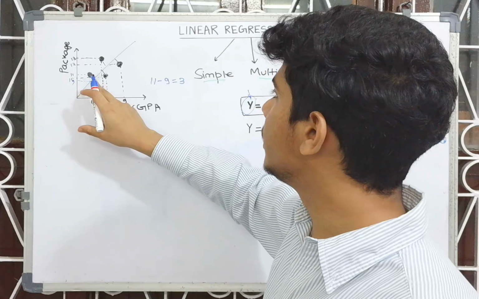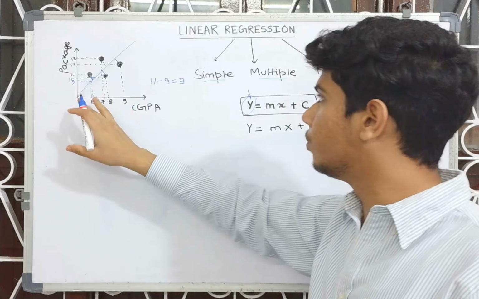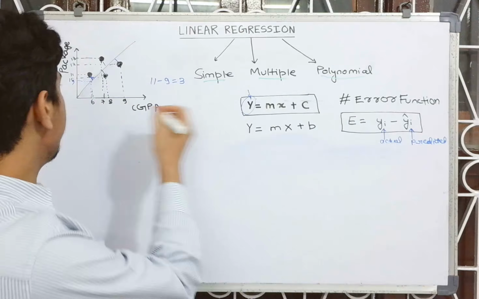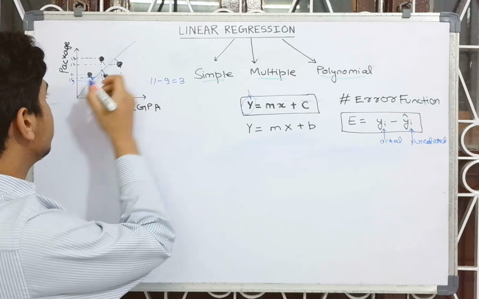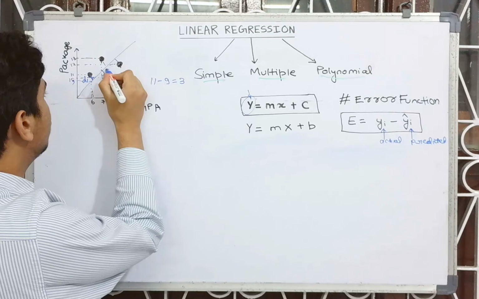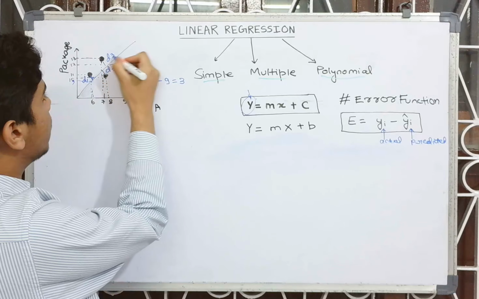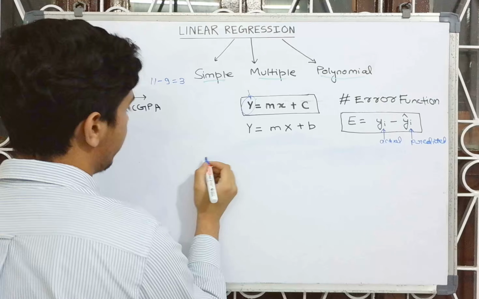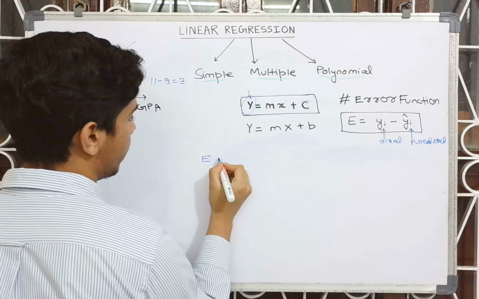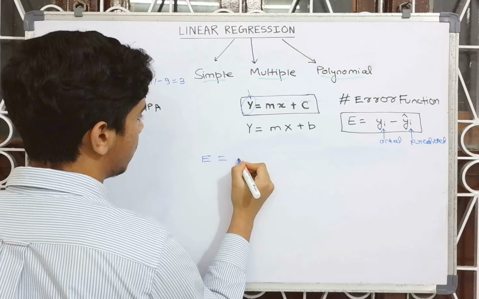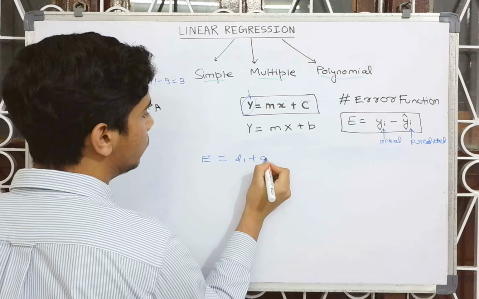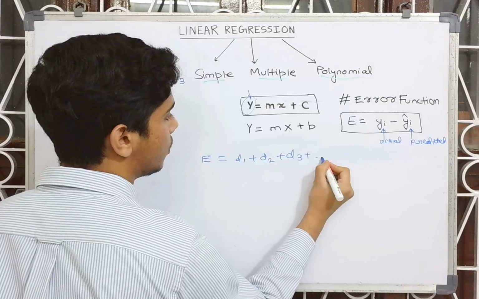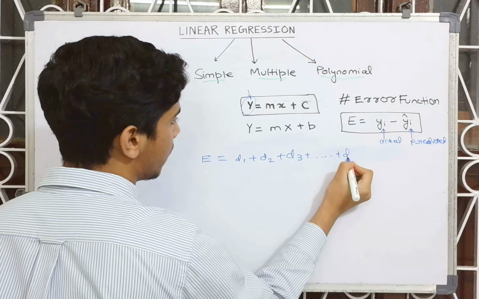But we need to find the full error function. How can we find it? We can take these lines D1, D2, D3 and D4. So error E is equal to D1 plus D2 plus D3 plus Dn.